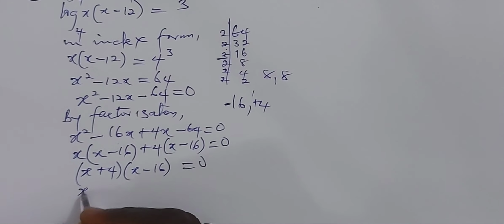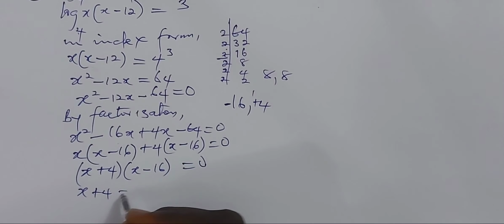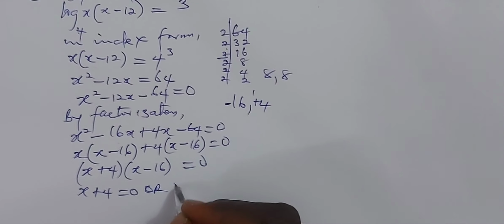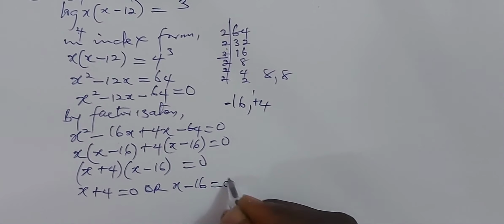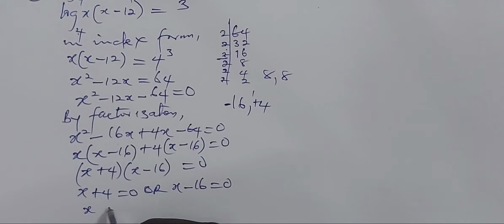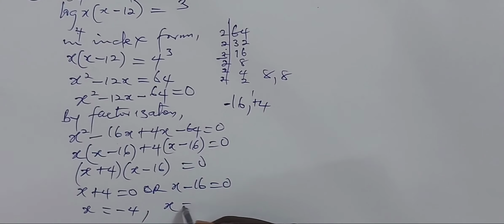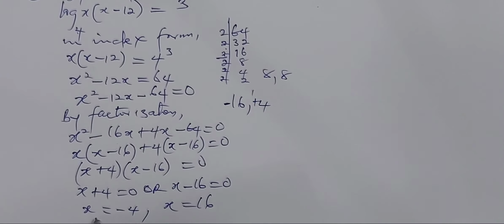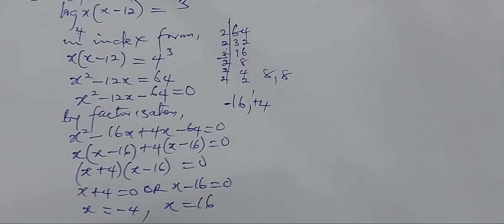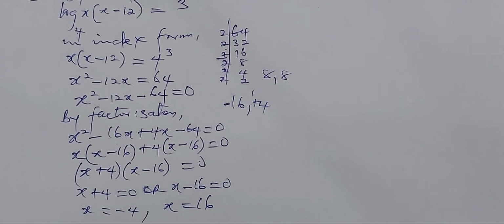So that is all. We have x plus 4 in bracket x minus 16 equals to 0. So we now have x plus 4 equals 0, or x minus 16 equals 0. Our x is equals to minus 4, x is equals to 16. This cannot be, the negative value cannot be. Once you substitute the value into the equation, you won't be able to get it properly.